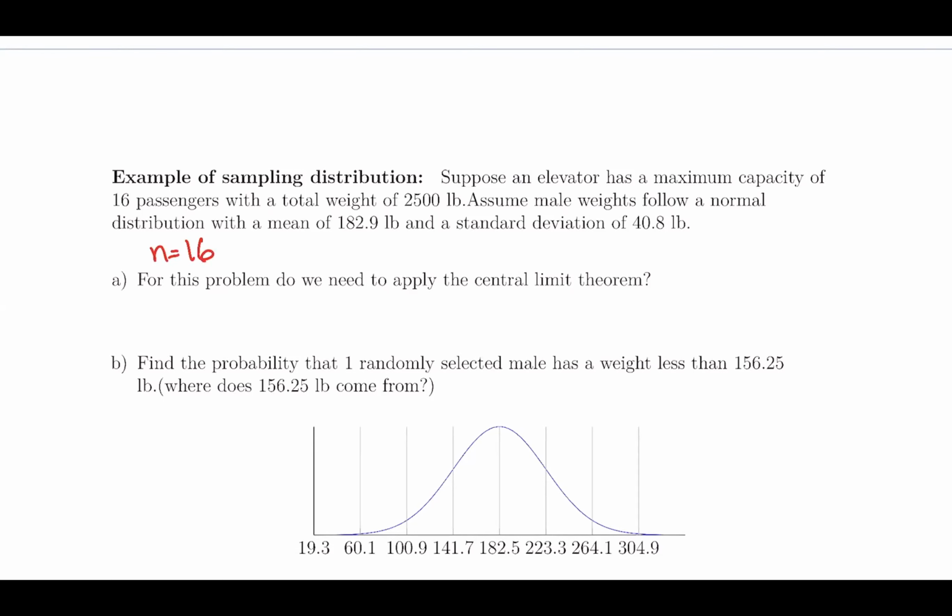Correct. All right, what does the 182.9 pounds represent? Mean, correct. So I say mu is equal to 182.9. Lastly, what does the 40.8 represent?